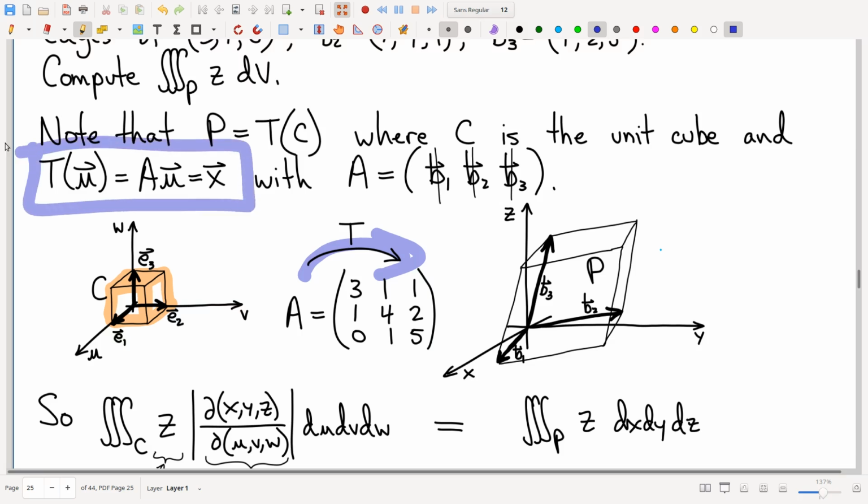Well, the way we're going to understand the image is by looking at the edge vectors. And the edge vectors over here on this unit cube are standard basis vectors. I'm highlighting there E1, the first edge vector, first standard basis vector. And what happens when you plug that into your linear transformation is you get as your image the first column.